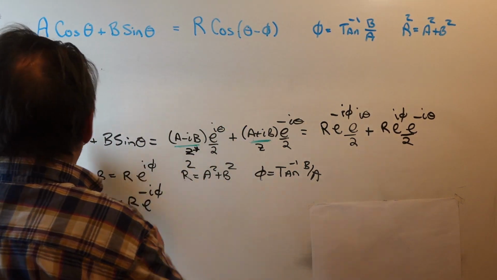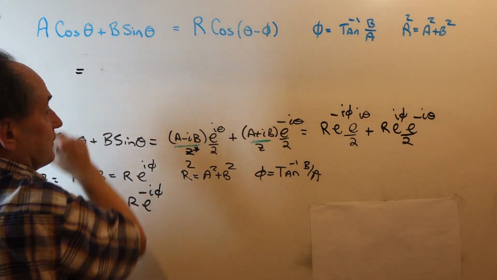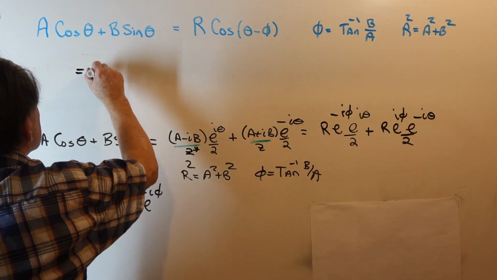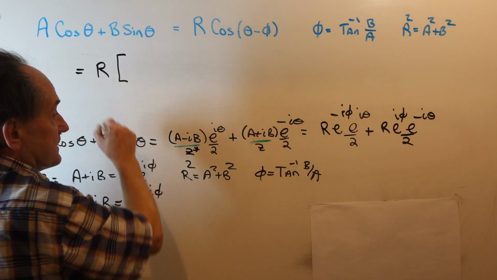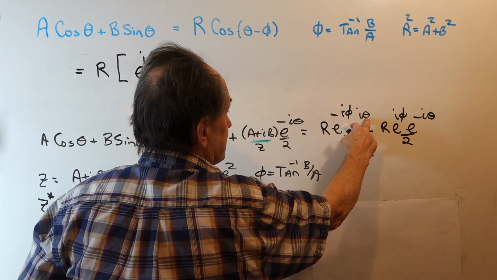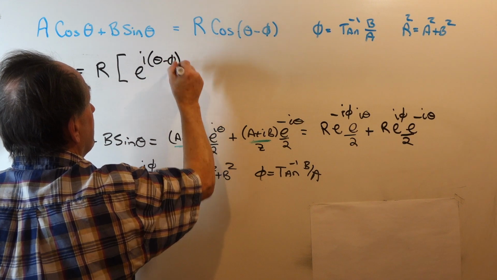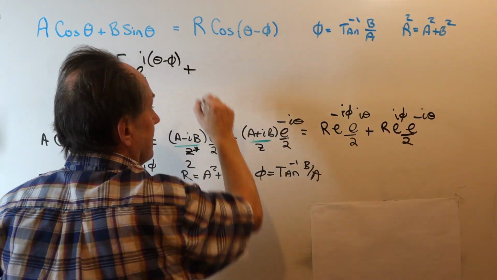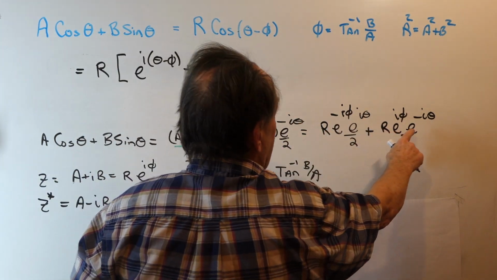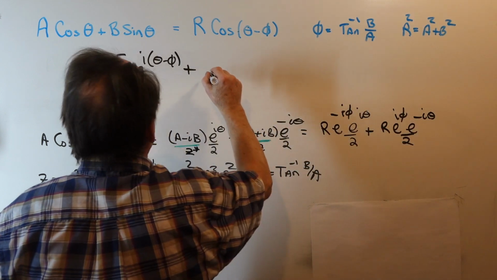So a cosine plus b sine, that's this, is equal to, I'm going to factor out r since it's on both terms. So I've got r times e to the i, on this one it's theta minus phi, plus, then on this term, the r we pulled out, and we have e to the minus i theta.